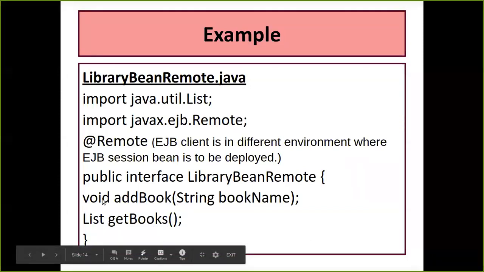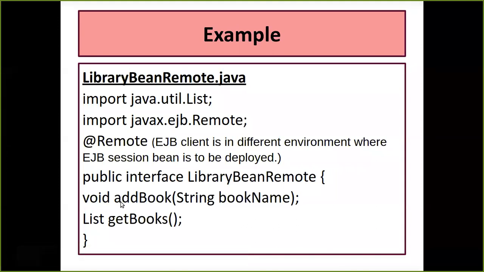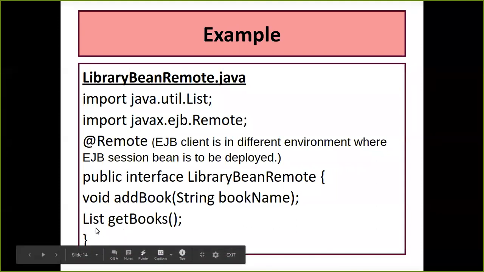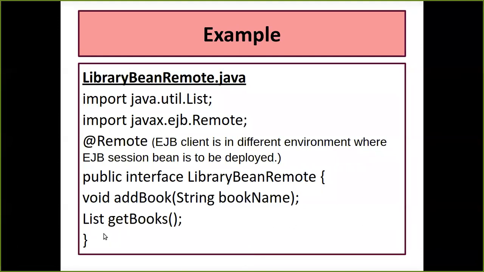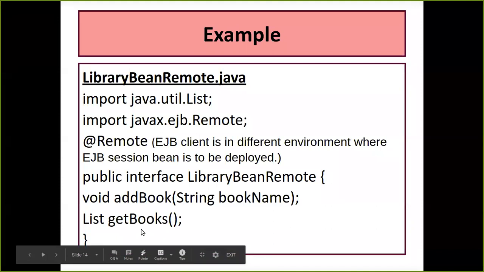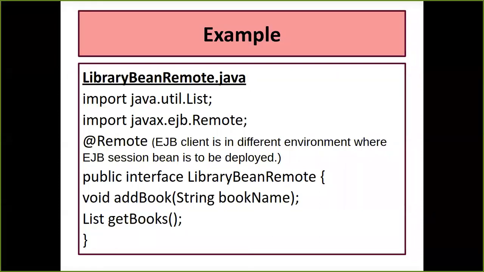Now here we have added a data type called void. But here we have added what we are going to get in return when we invoke this get books method. Whatever we get, we want in the form of a list, an ordered collection, in the same manner and order we received it from the user, when we invoke the get books method.